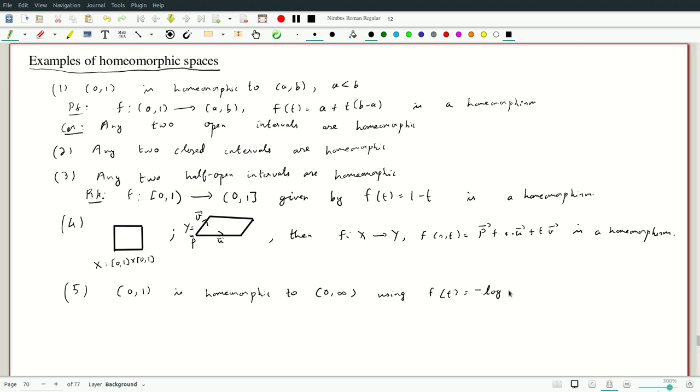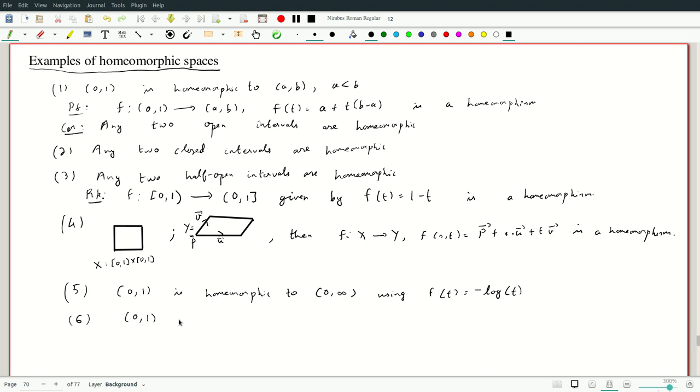So if I take minus log of that, as t goes to 0, this goes to infinity. Of course, this depends on special functions. We'll see in the next lecture, when we are looking at pasting, how to do this in a more topological way without using special functions.